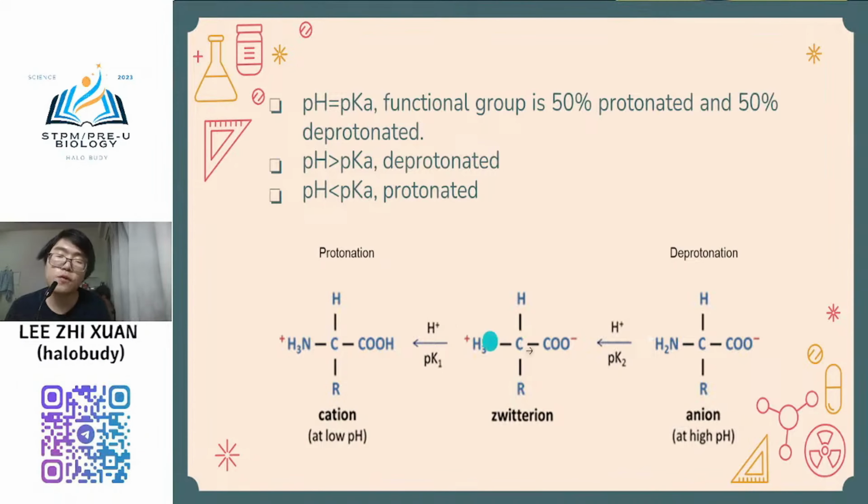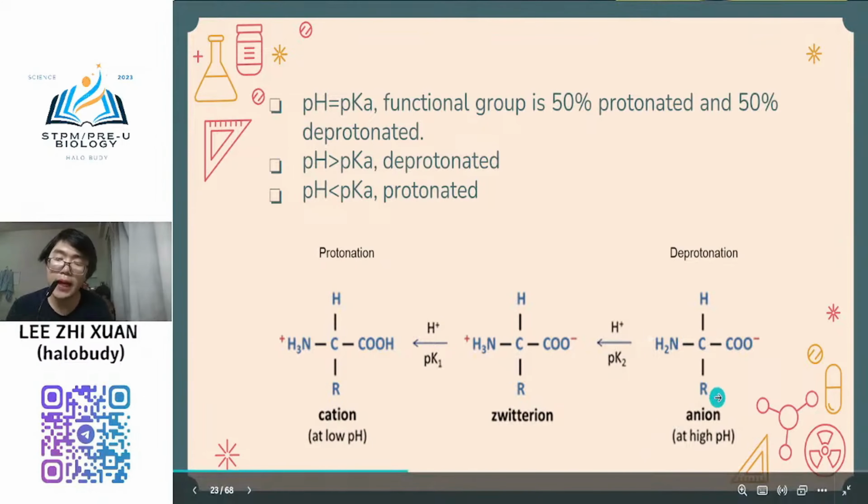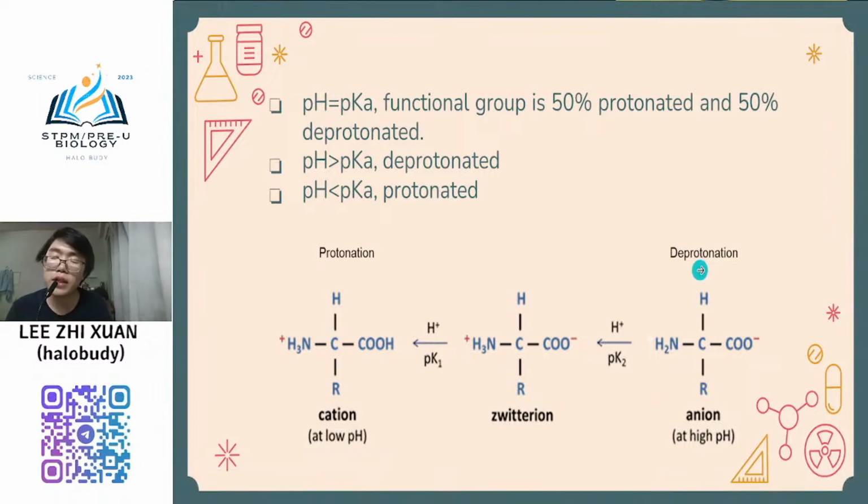But if you increase or decrease your hydrogen ion concentration, you can see that at high pH, meaning your hydrogen ion is very low, deprotonation will happen. Deprotonation means that they will only release the hydrogen ion.